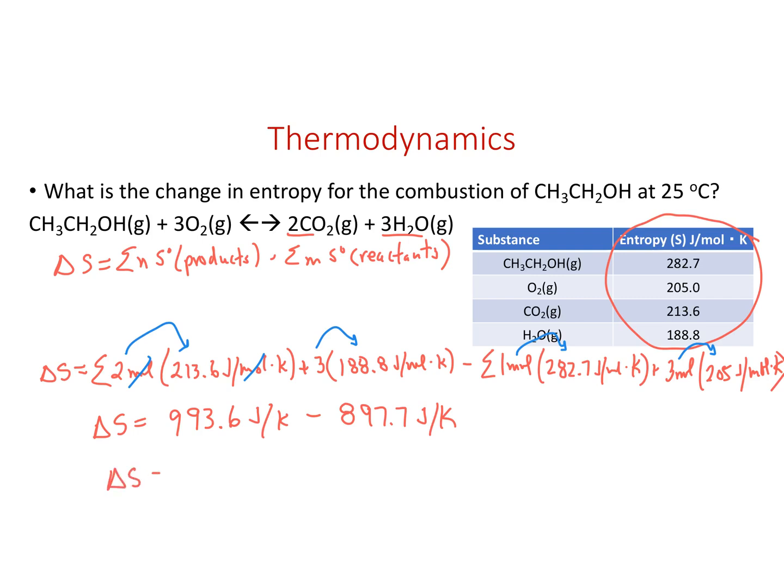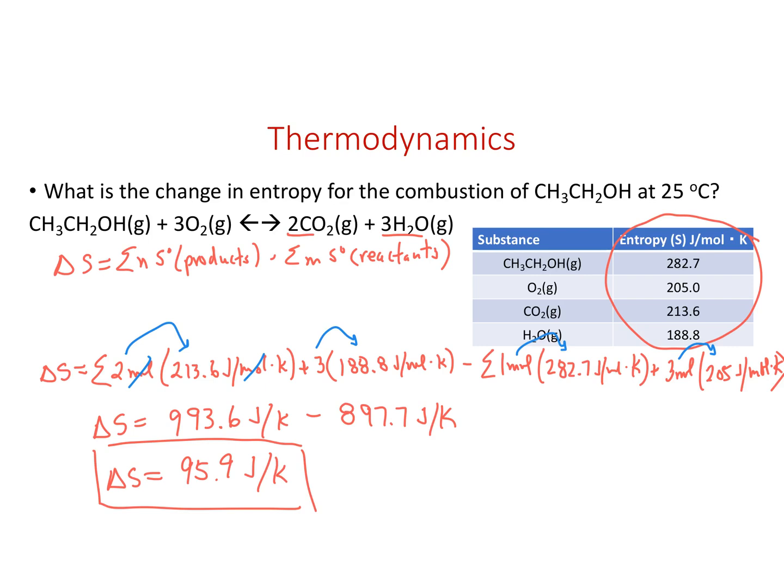Subtract those, my change in entropy for this reaction is 95.9 joules per Kelvin. Right, the biggest mistakes people make are dropping signs or forgetting to subtract when they're adding or adding when they're supposed to be subtracting.